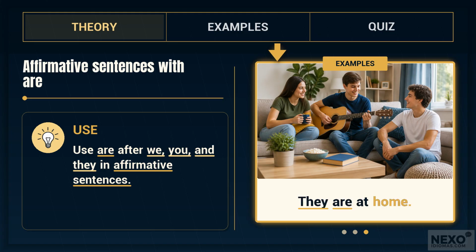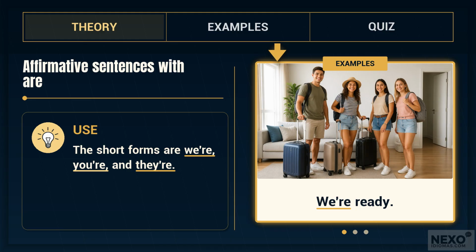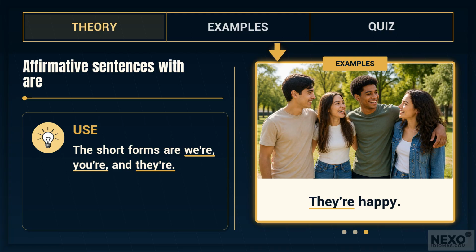They are at home. The short forms are we're, you're, and they're. Example. We're ready. Example. You're early. Example. They're happy.